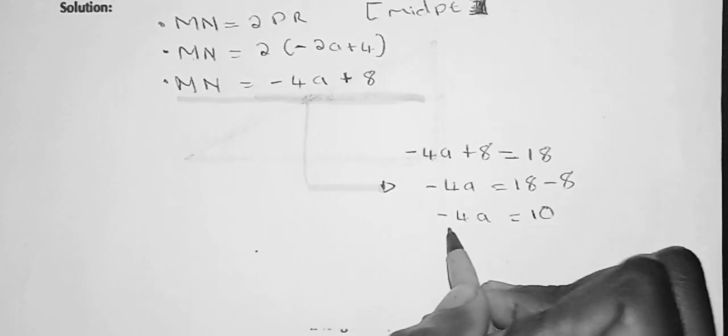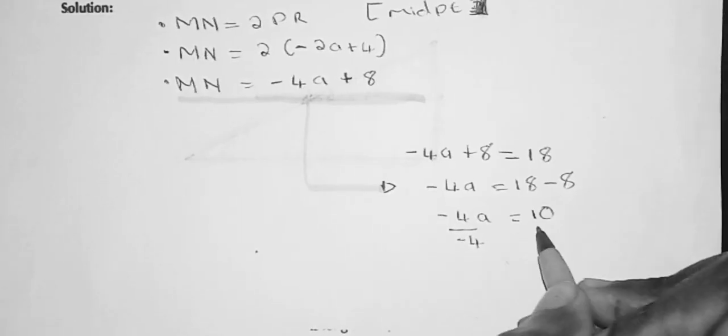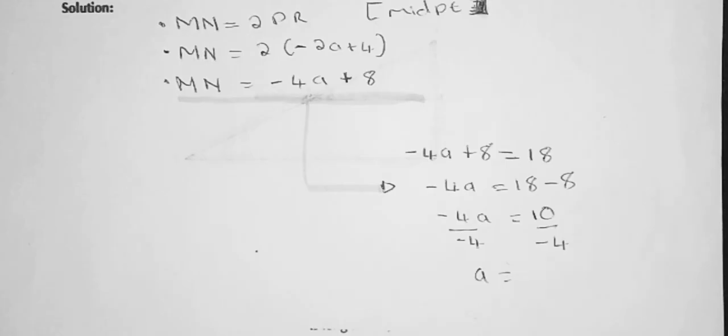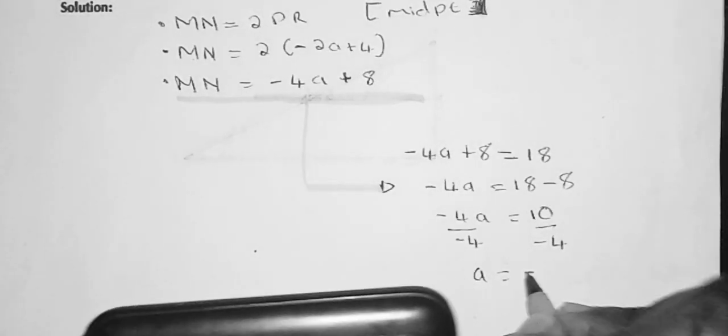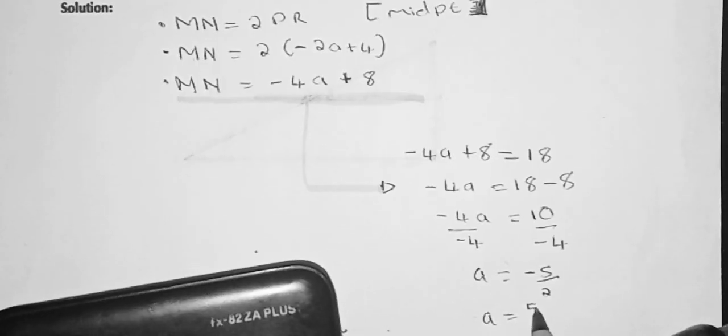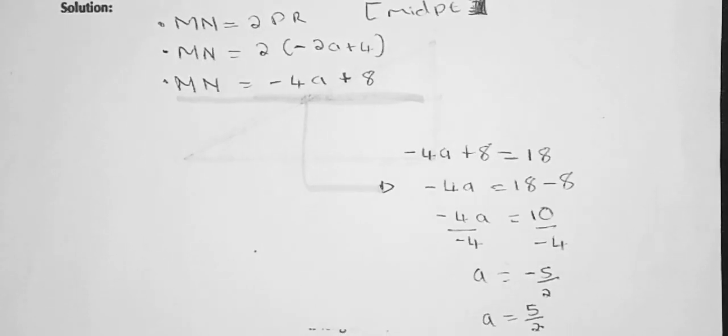And then divide both sides by negative 4. A is equal to negative 5 over 2. And then you're done.